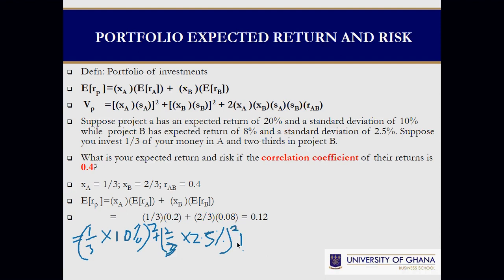Now, once you remember the first one, just bring 2 and multiply all of them, and 10%, all of them.